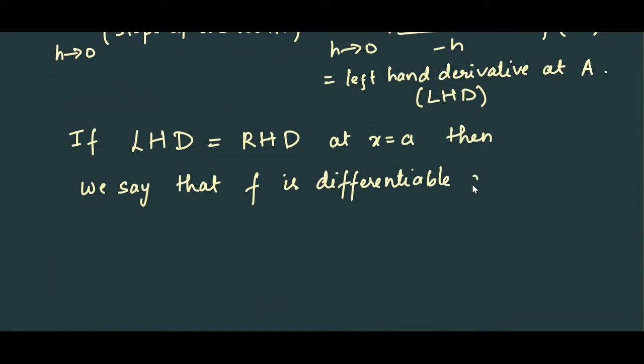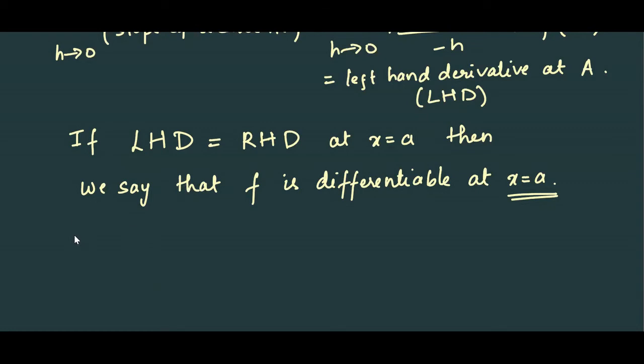F is differentiable at x equal to A. So the fundamental definition of derivative is also linked with limits only. We have to understand that. That's why the concept of limits is the most fundamental and basic. So a function is said to be differentiable when the left hand limit is equal to the right hand limit.